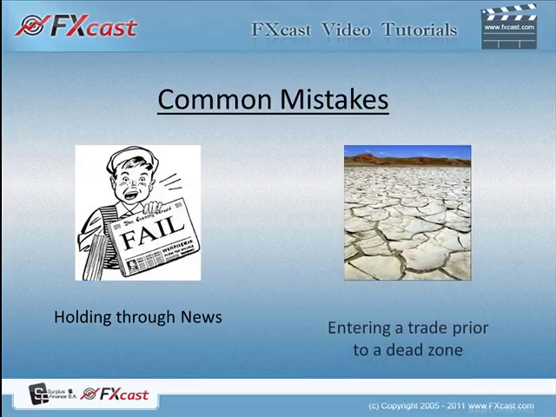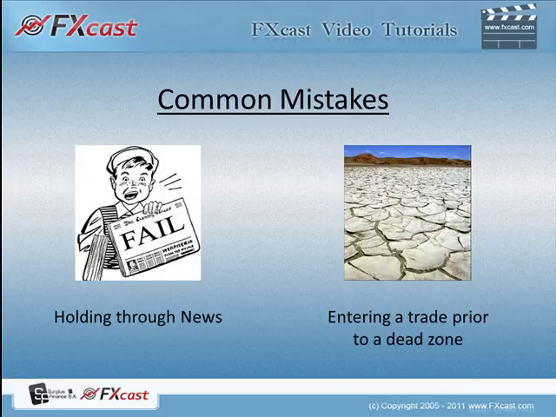And the other mistake that I see many traders make is holding through dead zone or entering a trade prior to dead zone. That simply means that there are times in the market where it's going to be in a narrow range, where it's going to consolidate, where it's sort of in a lull. One of the things they say about Forex is find a time when two markets are open.